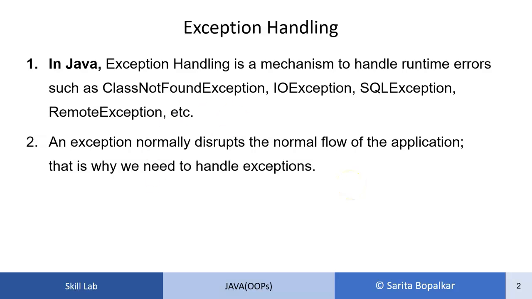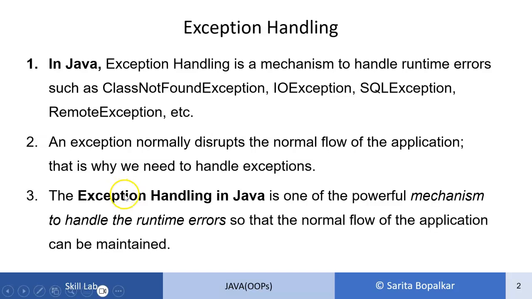In such a case, we need to inform the user, you have made so and so mistake. Due to that, the program cannot continue. Please remove this error, and this is called exception handling. The exception handling in Java is one of the powerful mechanisms to handle the runtime errors so that the normal flow of the application can be maintained.